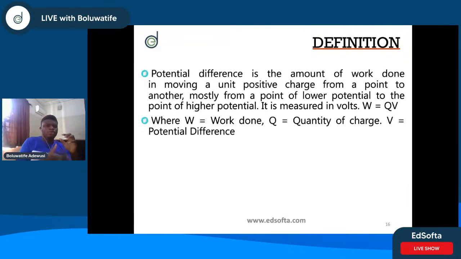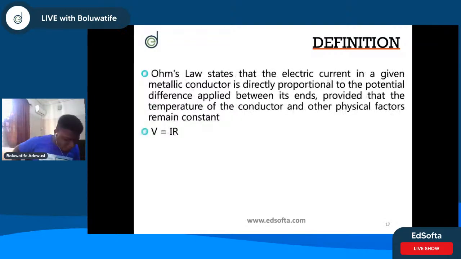That means the total work done will be 5 times 20. So that's why I said this work done is the total work done, or this potential difference is just the work done for the smallest possible charge. That's why they use the word unit.